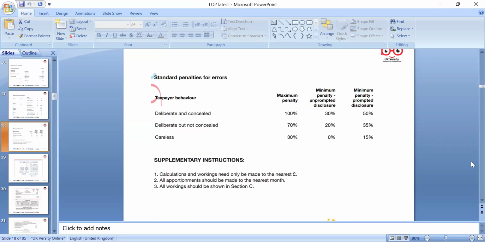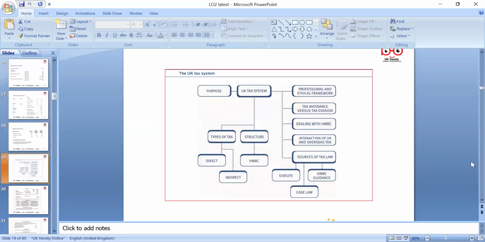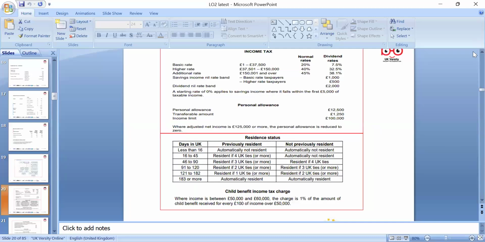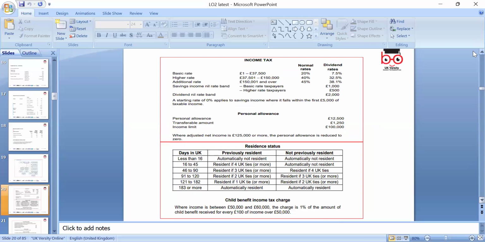Deliberately concealed, so penalties and the fine. We already had a discussion on who pays the tax in the tax system, the resident, connection, domicile. We discussed ethics and morals in our LO1 as well. In previous lessons we also discussed dividends, rates, and all thresholds.